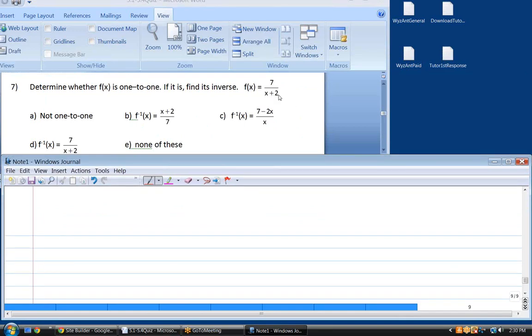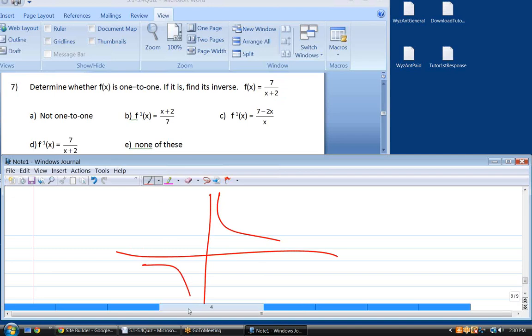In general, that is a hyperbolic function, meaning it's going to look something like this. Is that going to be 1 to 1? I don't think so. 1 to 1 means it has to pass the vertical line test, and it has to pass the horizontal line test.